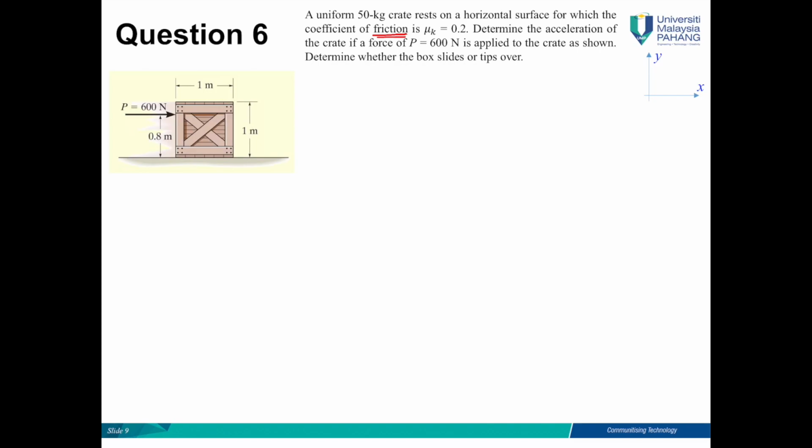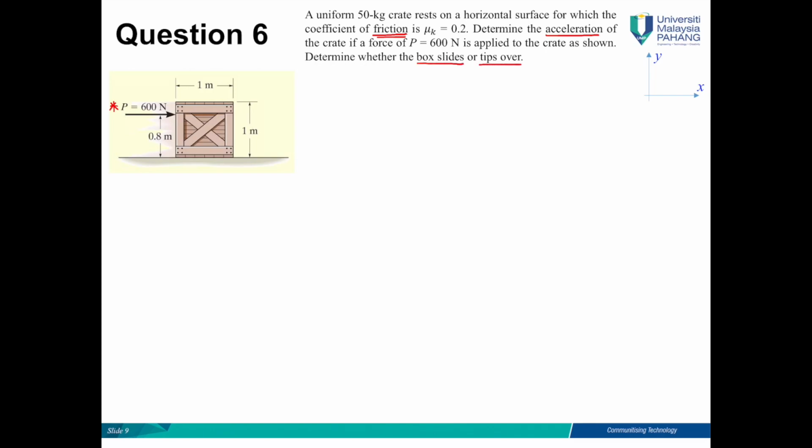Now what we want to determine is the acceleration of the crate if a force of 600 Newton is applied at this point here. And also we want to determine whether this force applied will cause the box to slide or tip over.